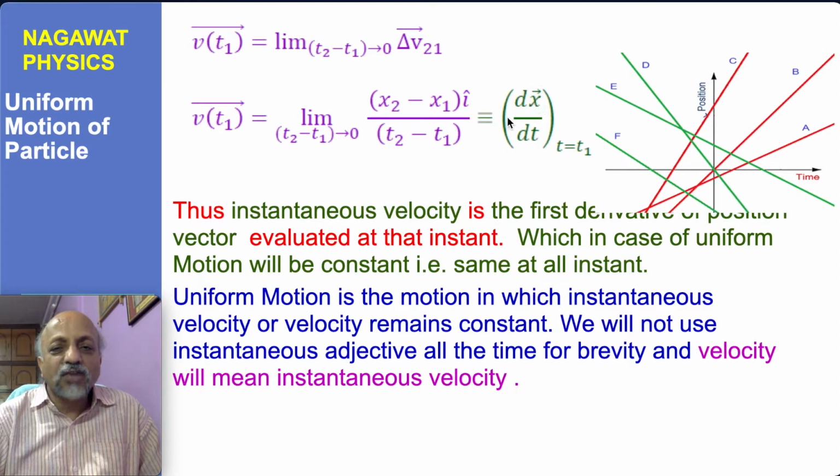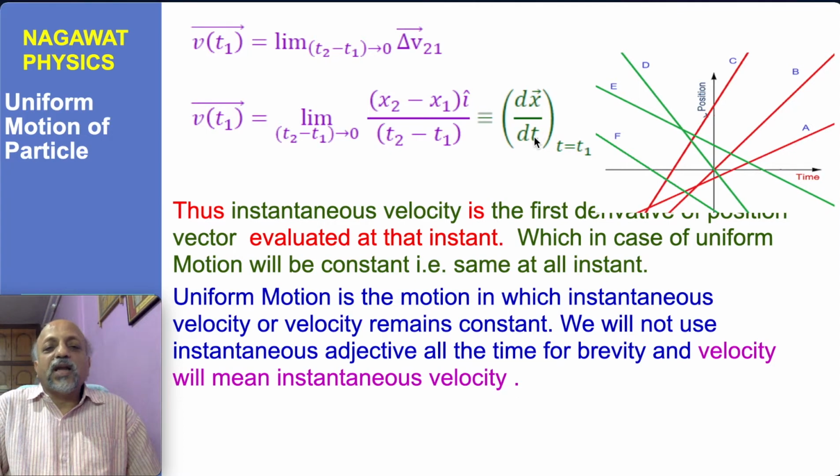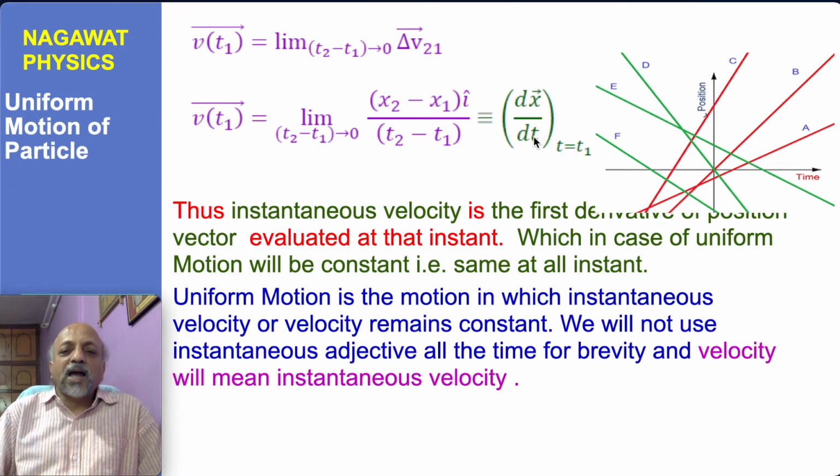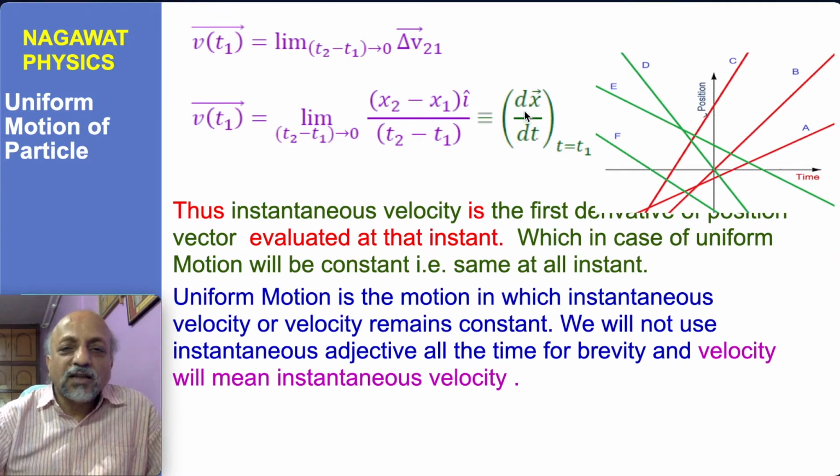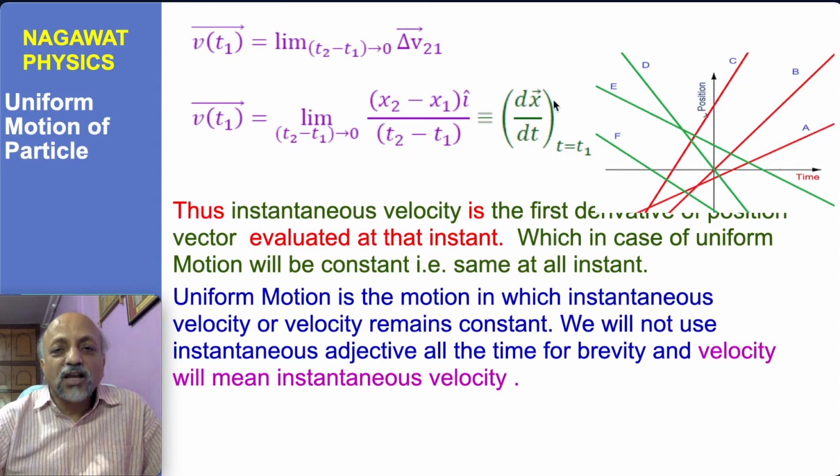You can't consider it as a ratio or something like that. We have chosen to write this symbol in this particular manner, and it helps us in understanding. But don't think that d and x and d and t are separable here, or even dx or dt are separable. It is a single symbol which is indivisible in that sense. You can't resolve it further.